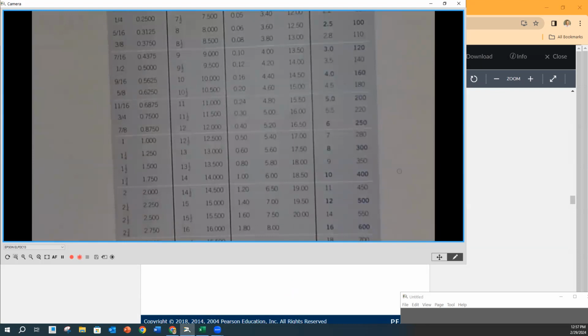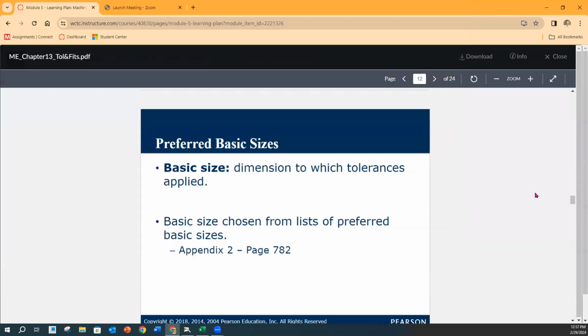We talked about that in our gearbox project, but those are things that when you get out in industry, you're going to really want to pay attention to, because tools, and I know that this came up when we were talking about this, tools are made to these basic sizes depending on the units that you're working with.